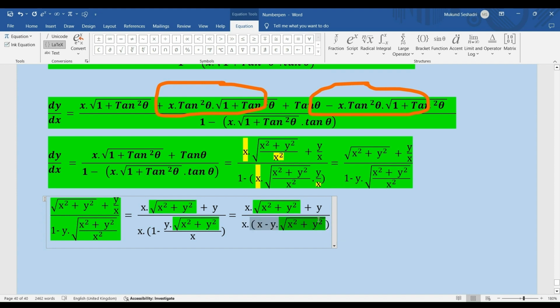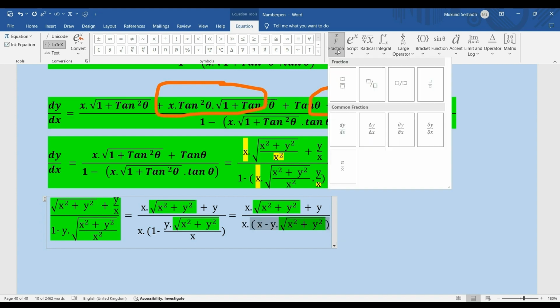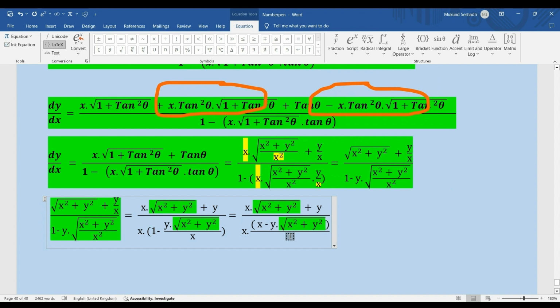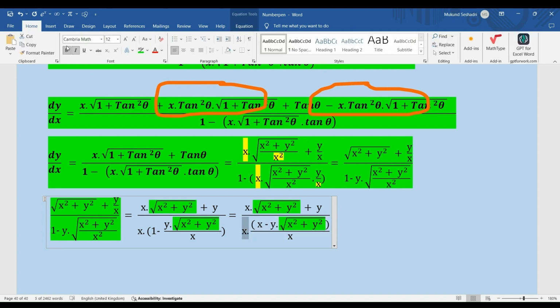And remember, folks, I still have my x in the denominator. So this is what I have, right? So now I can cancel out the x, right? I'm just going to highlight it in yellow for your reference. This x with this x, right?